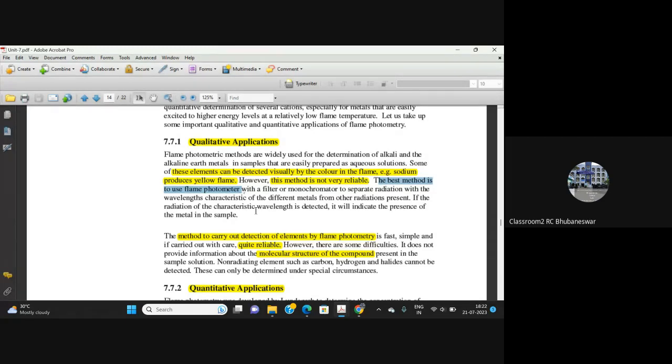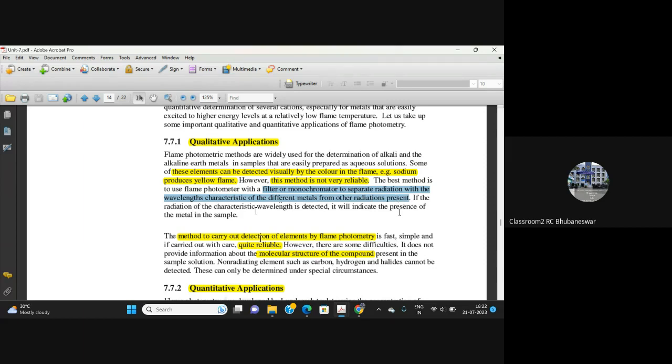The best method is the use of a flame photometer, where there is a filter or monochromator to separate the radiation with the wavelength characteristic of different metals from other radiations present in the solution.